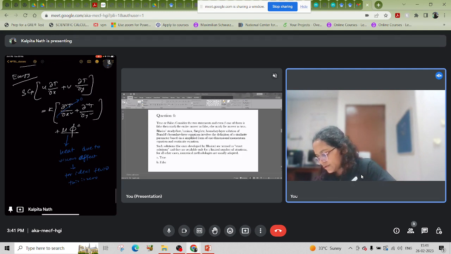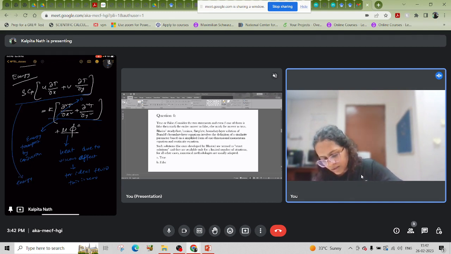This obviously will be 0, similar to velocity. This whole term is the energy transport by conduction, and this whole term is the energy transport by advection, that is due to motion.